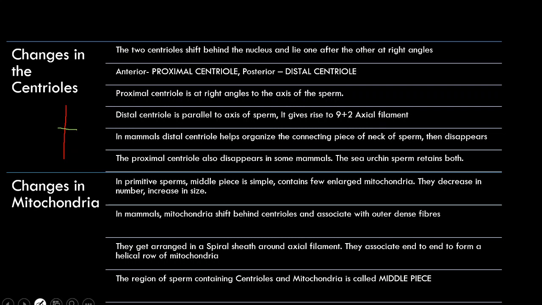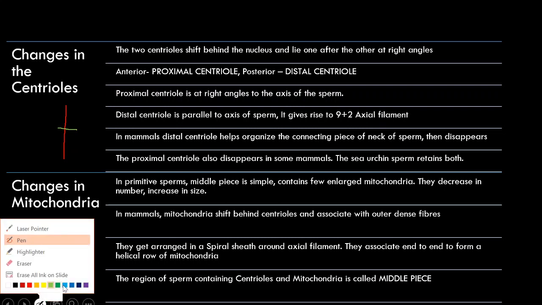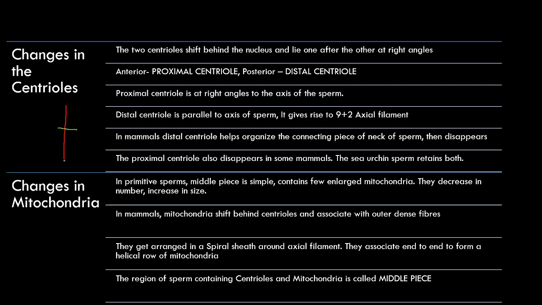And if we look at the distal centriole, this will be present parallel to the axis of the sperm. So they are themselves at right angles to each other, and the proximal one is present at right angles to the axis of the sperm, and the distal one is present parallel to the axis of the sperm.